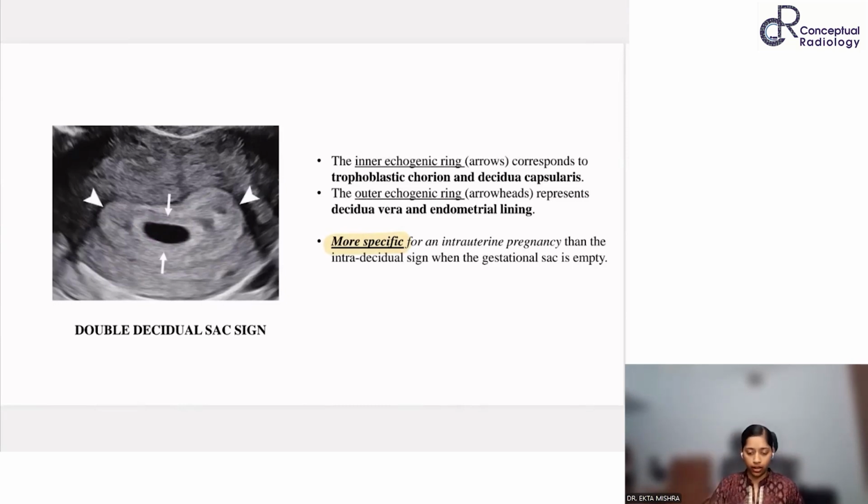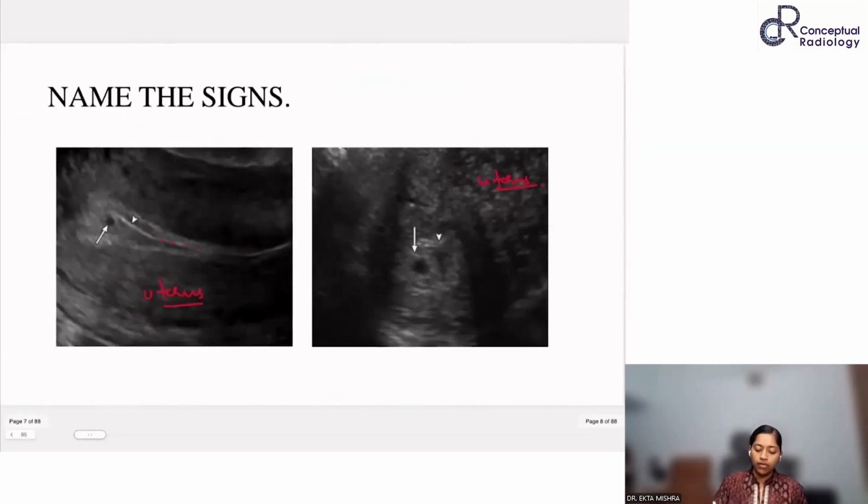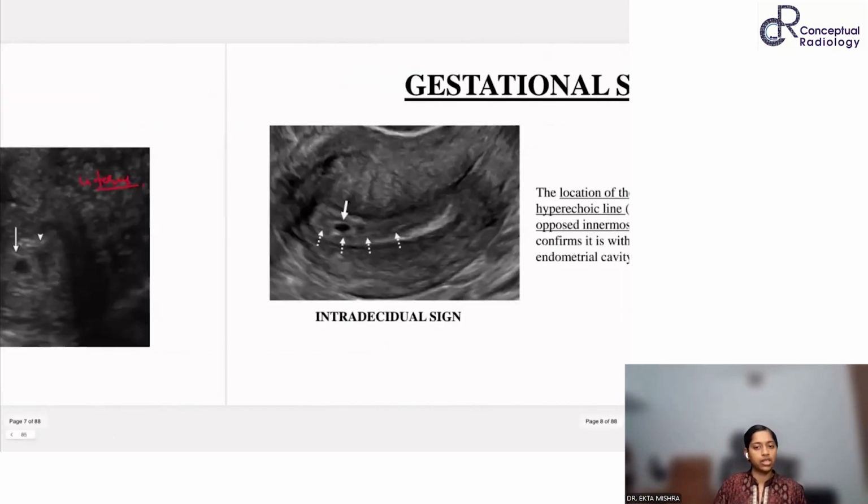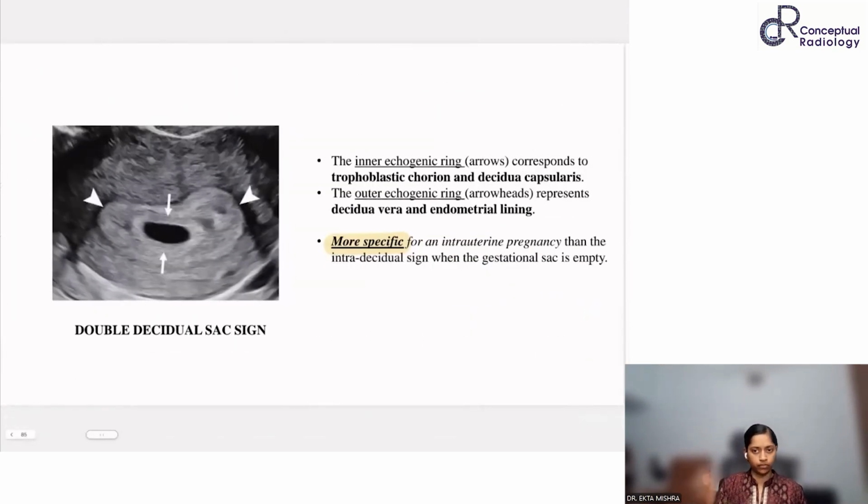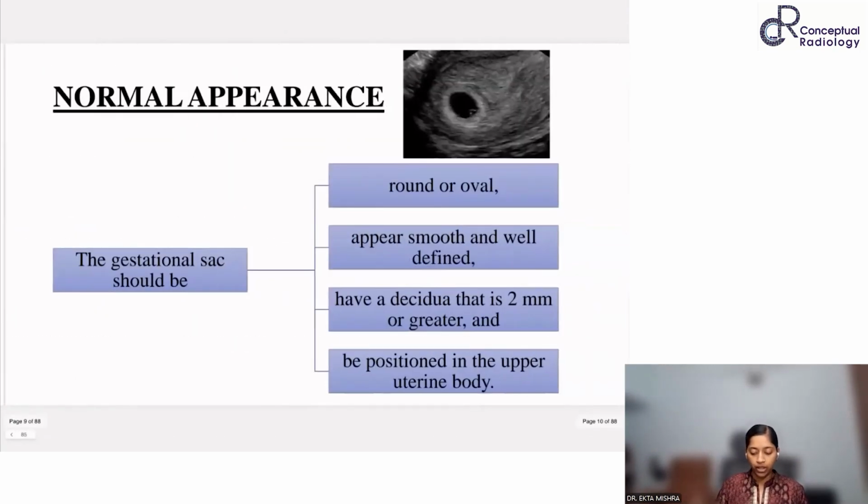So two echogenic rings. Now this is the chronology. First, when you're doing a scan, say at 4 weeks, you might see this small eccentrically placed sac, and as it grows, it becomes this double decidual sac sign. So you have two layers of echogenic rim. Normally, the sac is a very well defined round cystic structure. It will appear smooth.